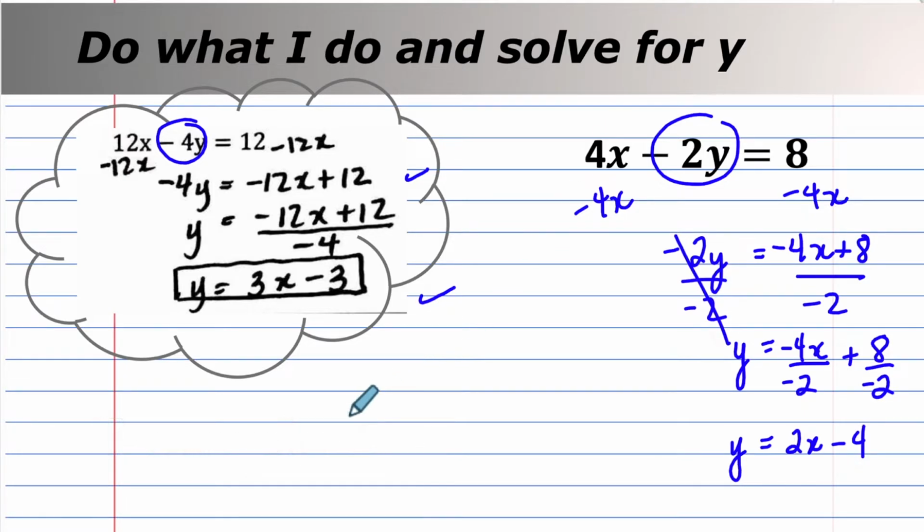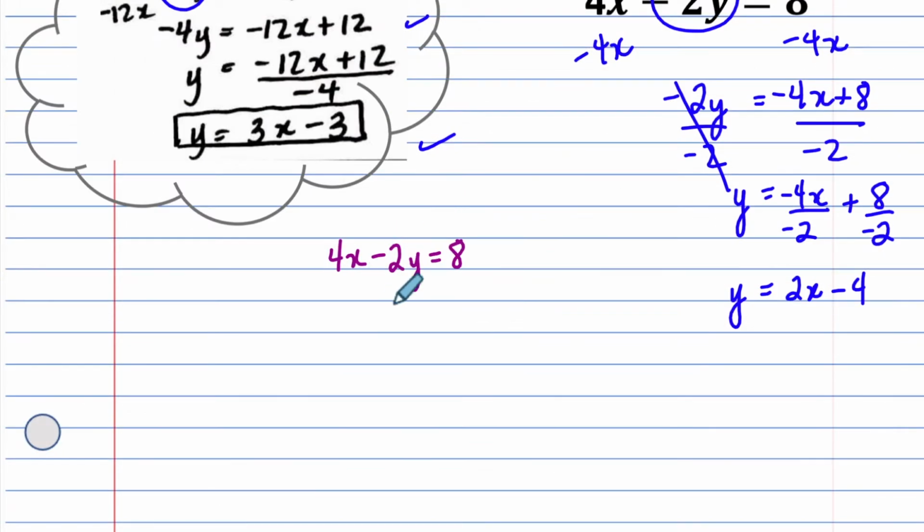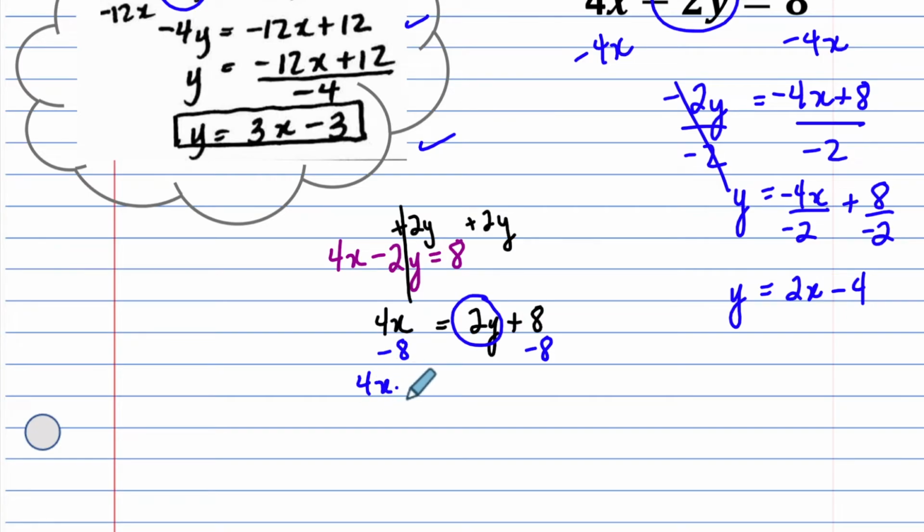Is there a different method here? Let's try. We'll start with 4x minus 2y is equal to 8. Rather than isolating negative 2y, what would happen if I decided to add 2y to both sides? I'd get 4x is equal to 2y plus 8. And now I want 2y by itself, so I'll subtract 8 from both sides. 4x minus 8 is equal to 2y.